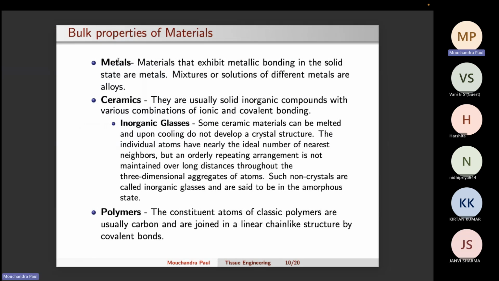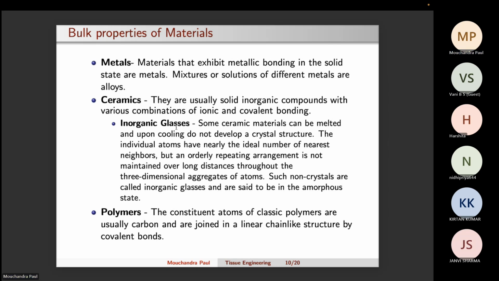Briefly about the three classes of material. In metals, the atoms are linked by metallic bonding. You can use pure metals, or you can mix various kinds of metals in the liquid molten state and create alloys.